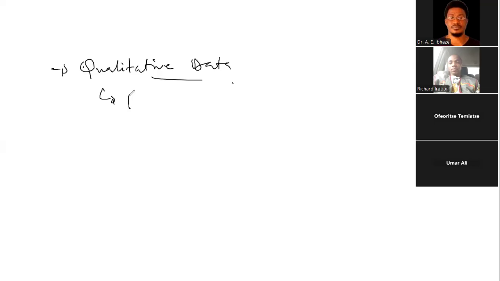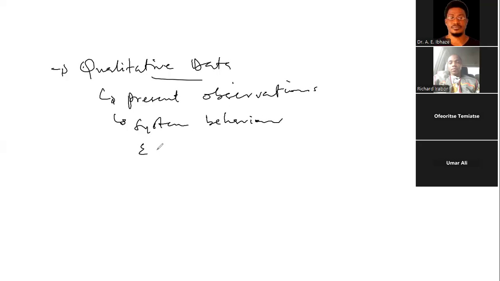Now, we want to present the observations, right? The system behavior. And we also want to get expert opinion, right? Because we may have conducted interviews, used questionnaires, and all of that.